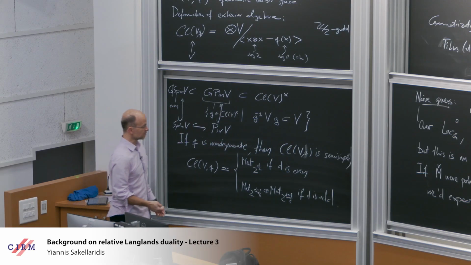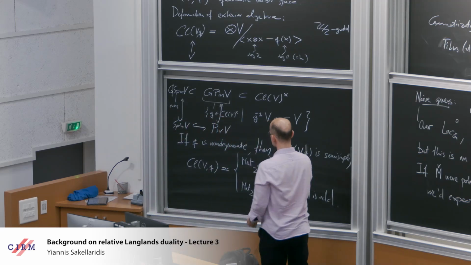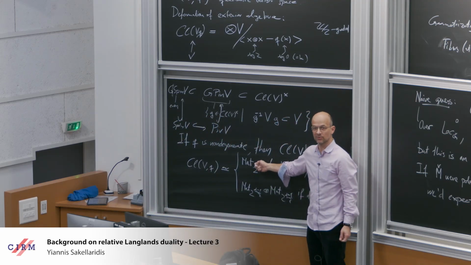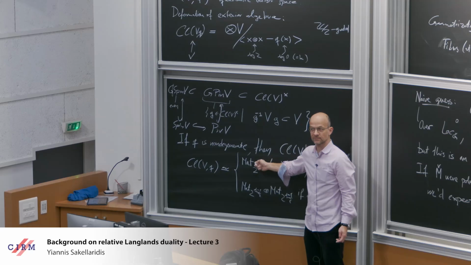So in particular in the even case, it has a unique up to isomorphism irreducible module. Okay?